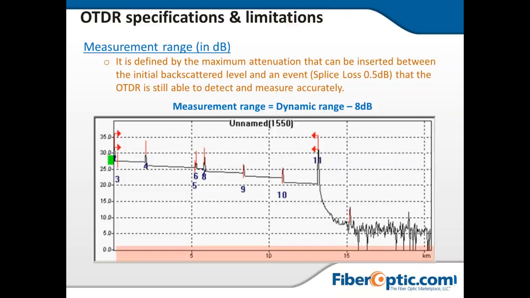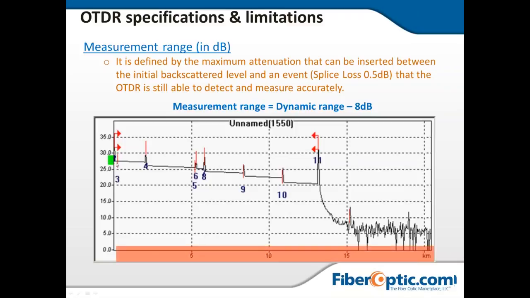The difference between the dynamic range and the measurement range we talked about is really the area where we see how the noise comes in. It starts to get noisy over here at around 8 dB. Anything beyond that, we're really not getting an accurate, clear measurement of what the event looks like because the noise is masking a lot of that.